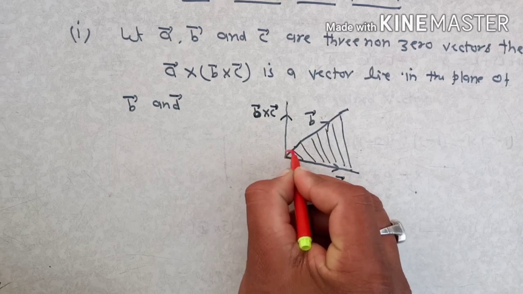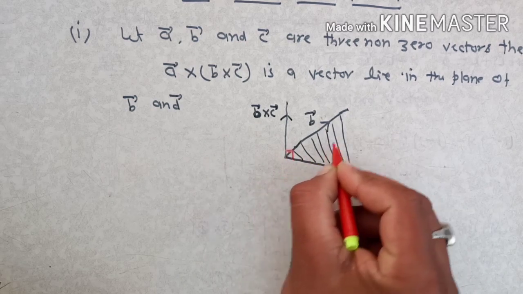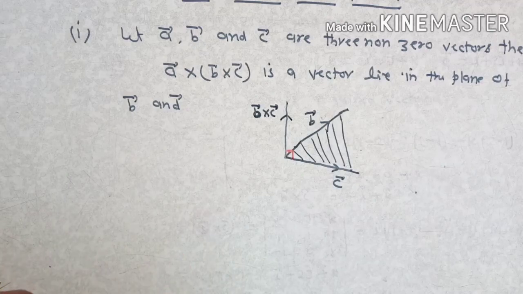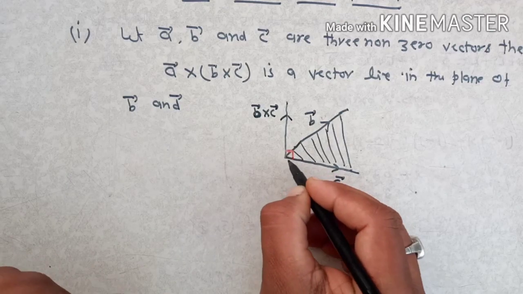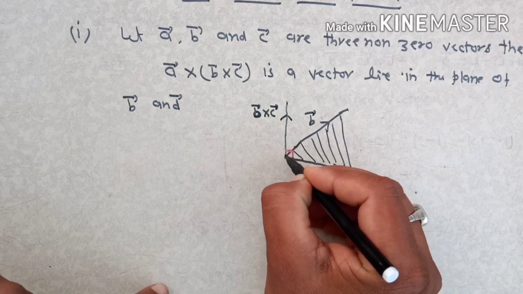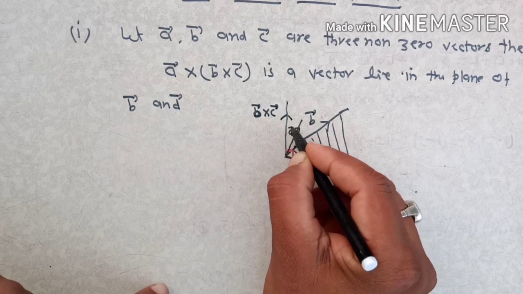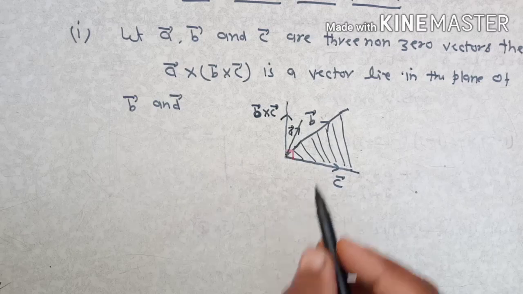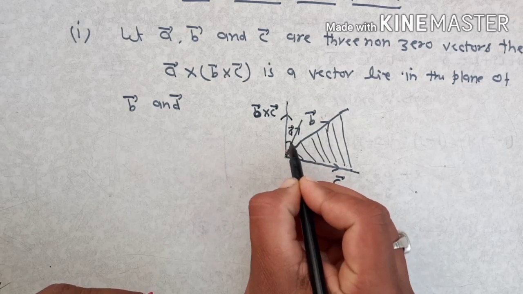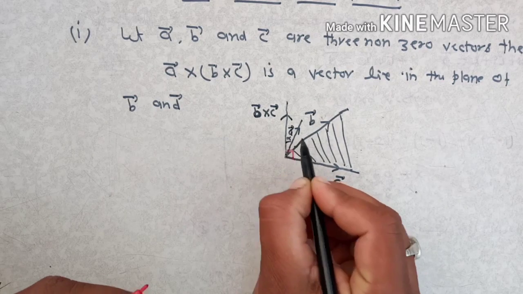This is 90 degrees perpendicular to the plane. And vector A, suppose this is vector A, and this angle be alpha.